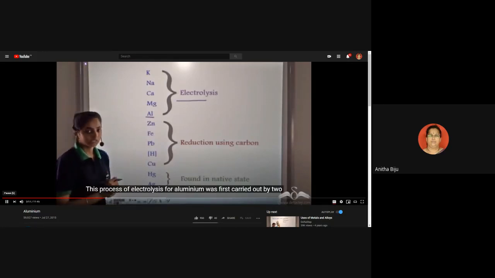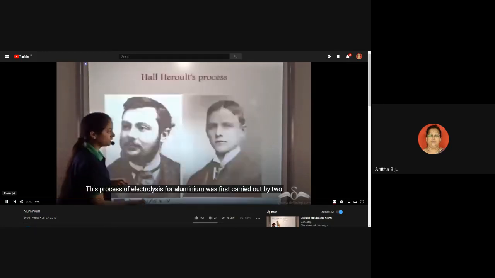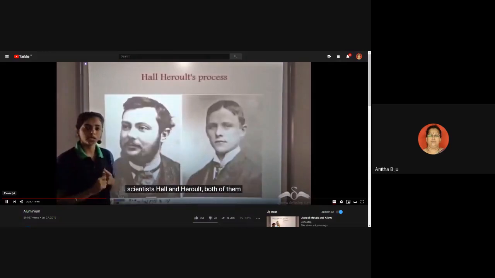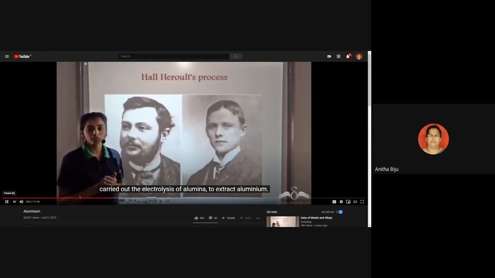This process of electrolysis for aluminium was first carried out by two scientists, Hall and Heroult. So you can write the names of these two scientists because this method is called the Hall-Heroult process. Both of them carried out the electrolysis of alumina to extract aluminium.